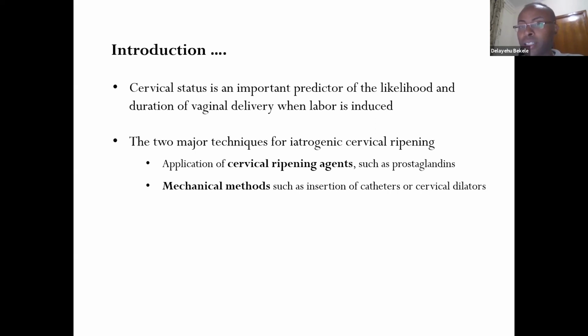The two major techniques for iatrogenic cervical ripening are the application of cervical ripening agents such as prostaglandins or use of mechanical methods such as insertion of Foley catheters or other cervical dilators like hygroscopic ones like laminaria.